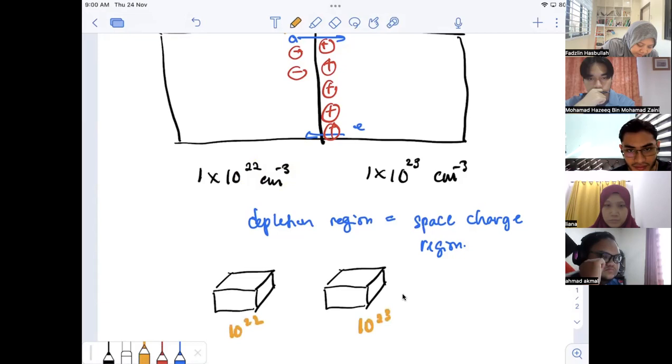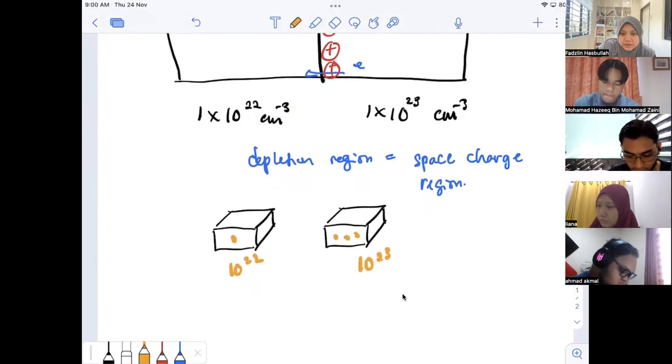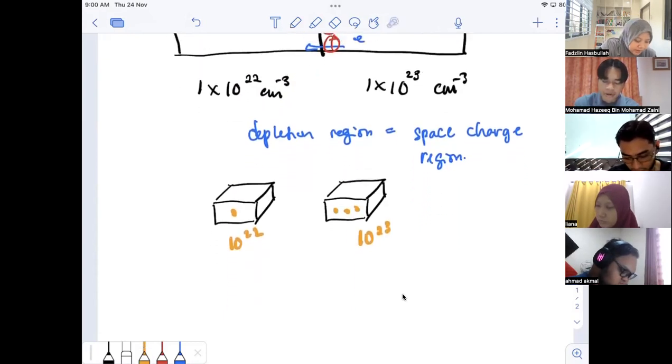So in one big area you have only like one atom, and for 10 to the power 23 maybe 3 atoms, for the same volume or area. That is what it means: per unit volume, the number of atoms are different.